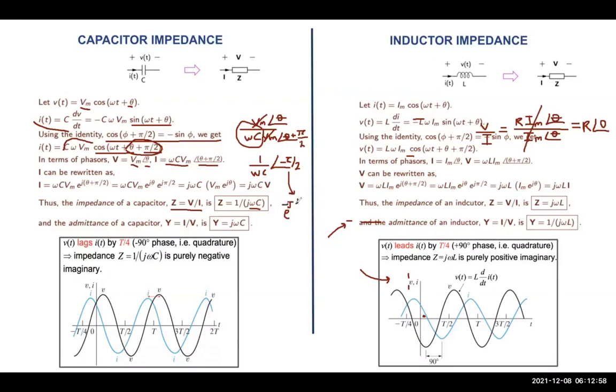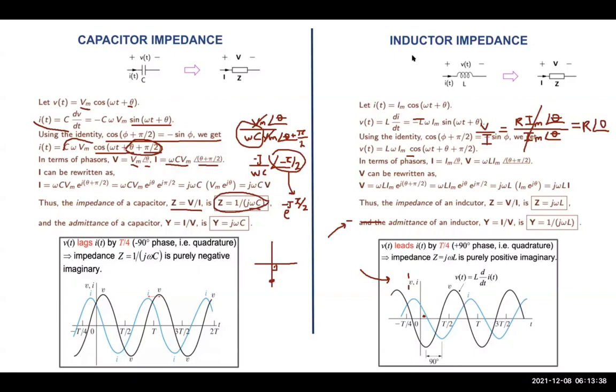As Euler tells us, this is exponential of minus 90 degrees. So we are here in polar form, and this corresponds to minus j, right? So if this corresponds to minus j, that means instead of this term, we can write minus j here, or we can rewrite this as 1 over j omega C, right? So this is the impedance of the capacitor.